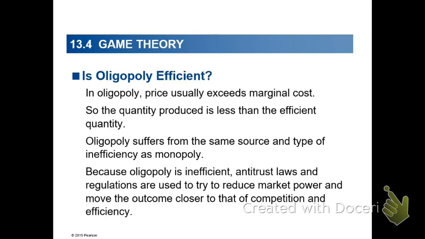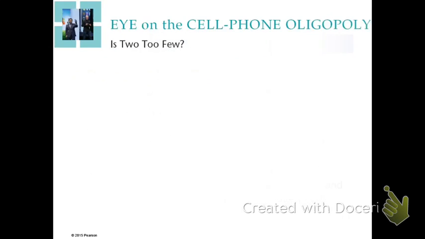Government regularly intervenes into these markets to break down oligopoly, just like they do for monopoly. Examples like antitrust laws, examples like regulations are regularly played out in trying to improve the market outcomes under oligopoly. But in general terms, oligopoly is also inefficient because it leads to deadweight loss.